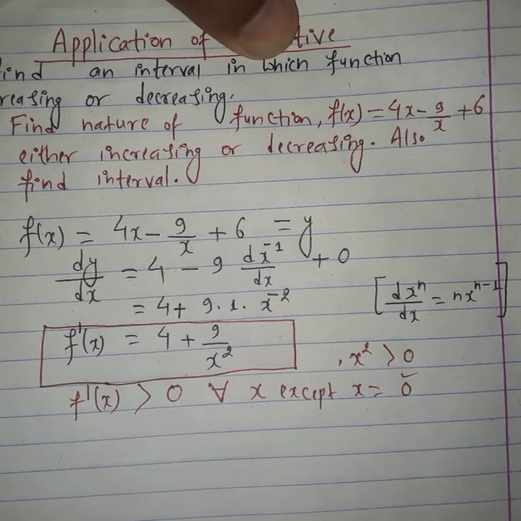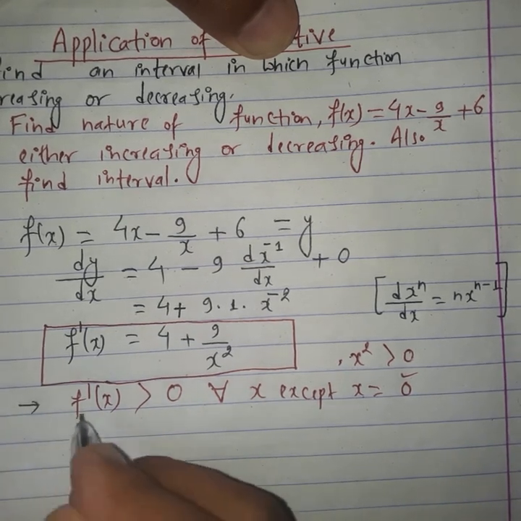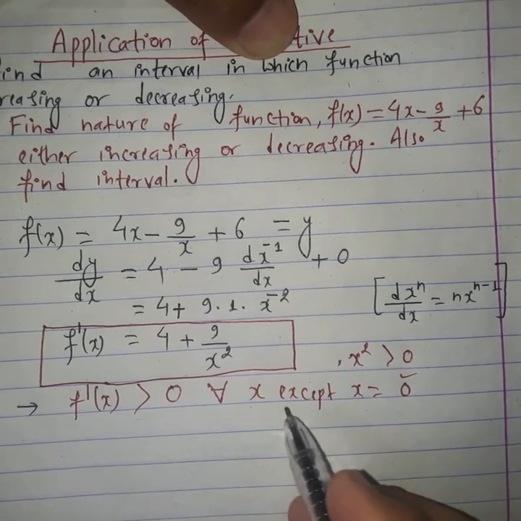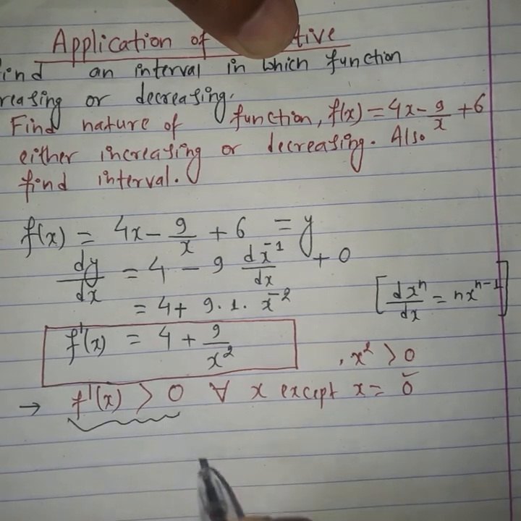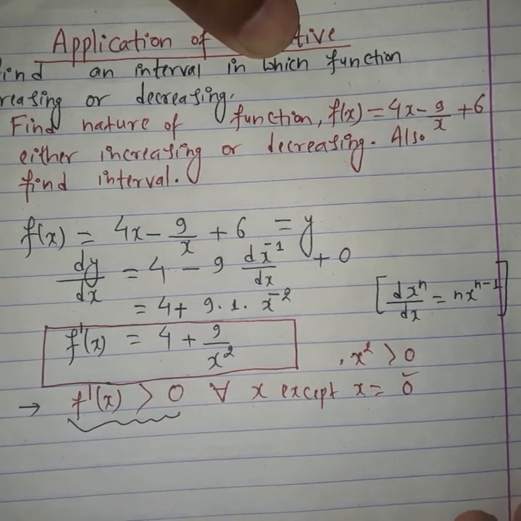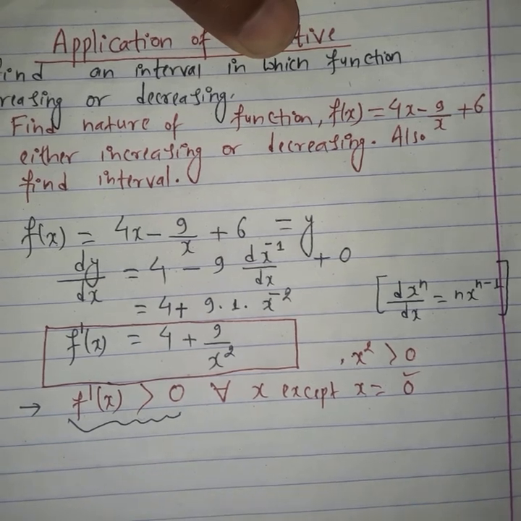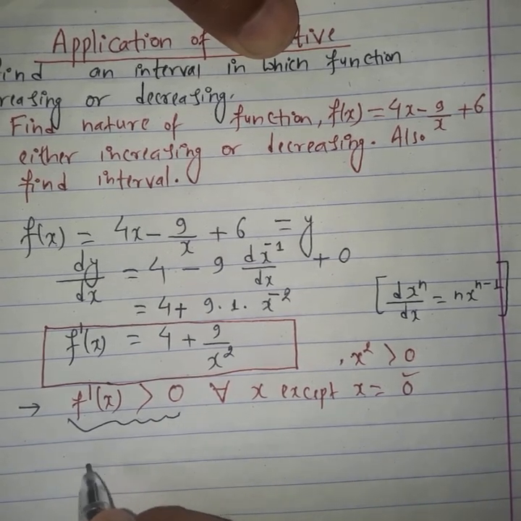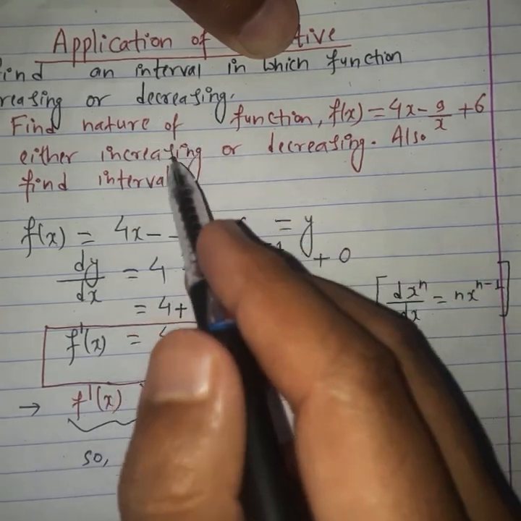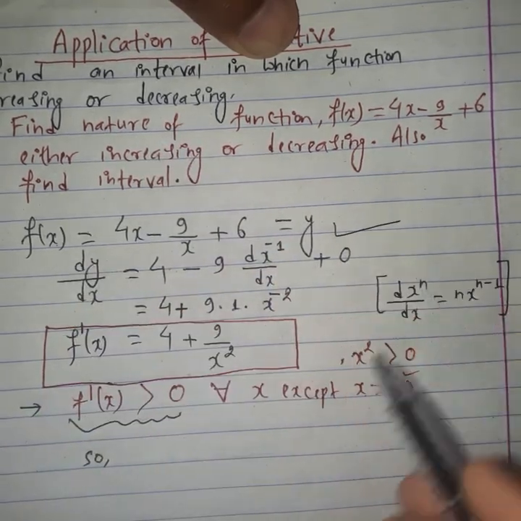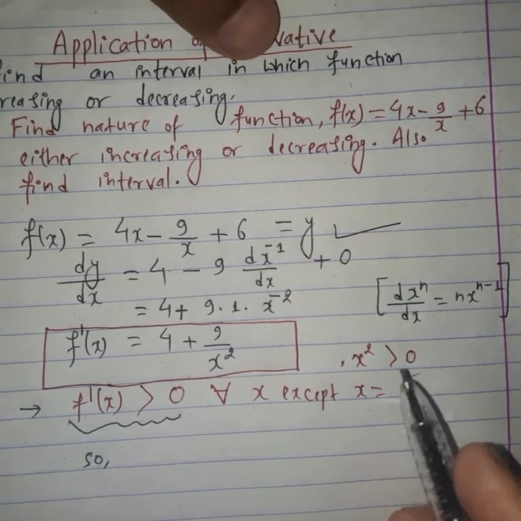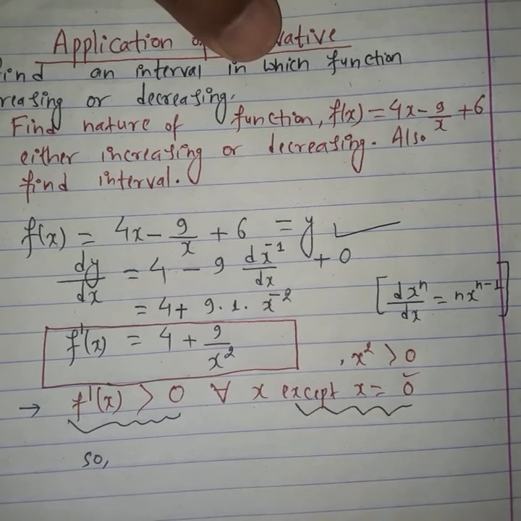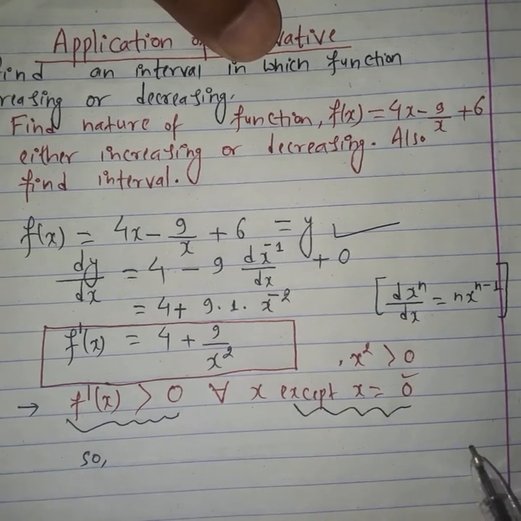The first derivative f prime of x will be positive for all the values of x except 0. Remember this very important point, this is the condition: when the first derivative is positive, the function will be increasing. So we can judge the nature of this function: it is a forever increasing function except the point x equals 0. At the point x equals 0, there is a breakdown, the function will be undefined.